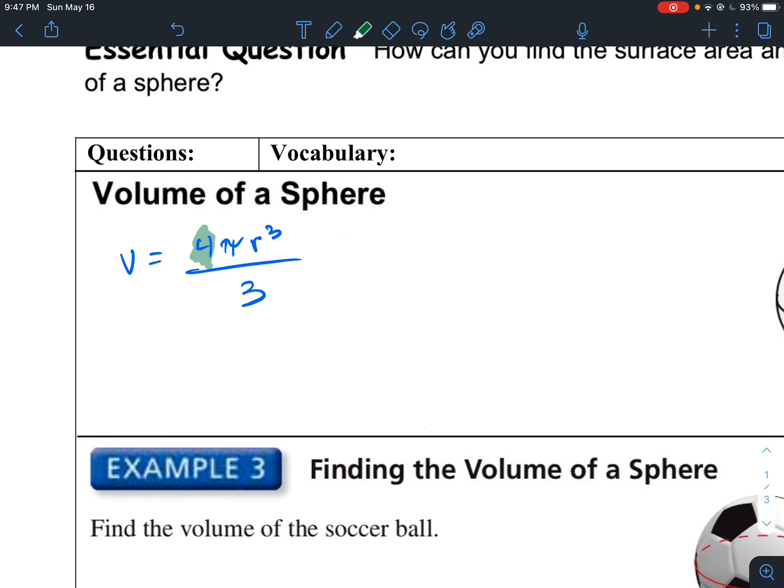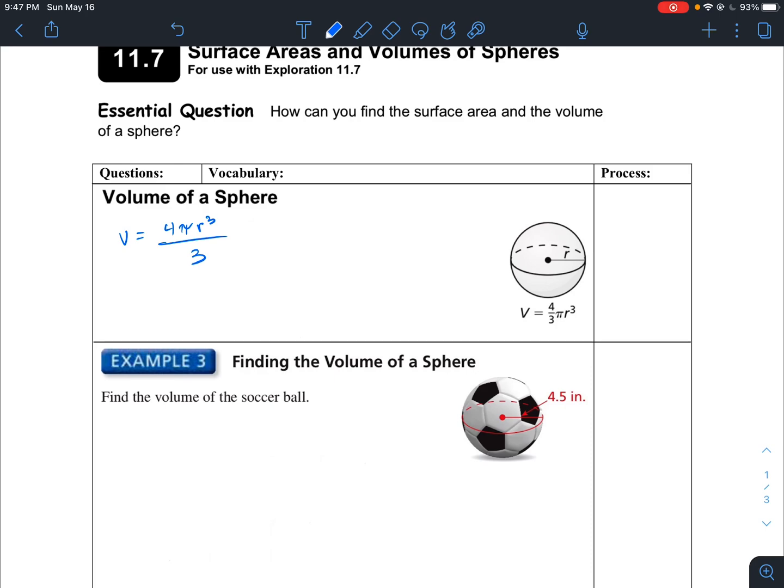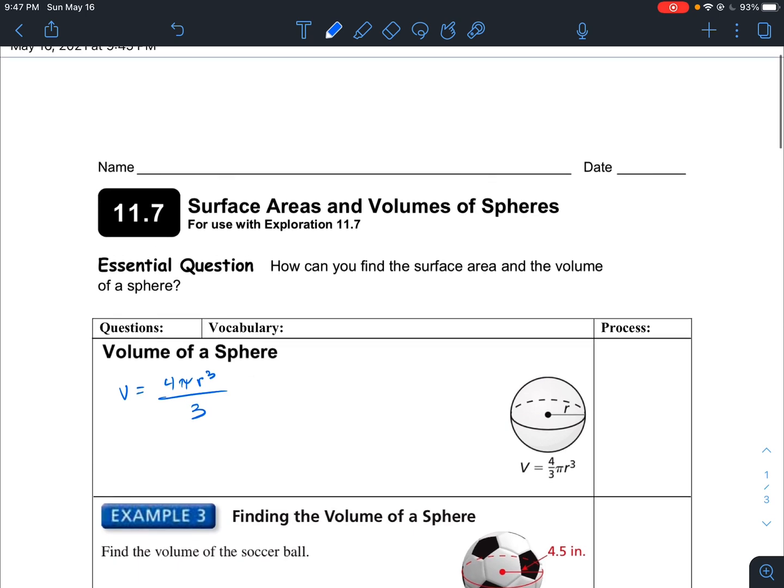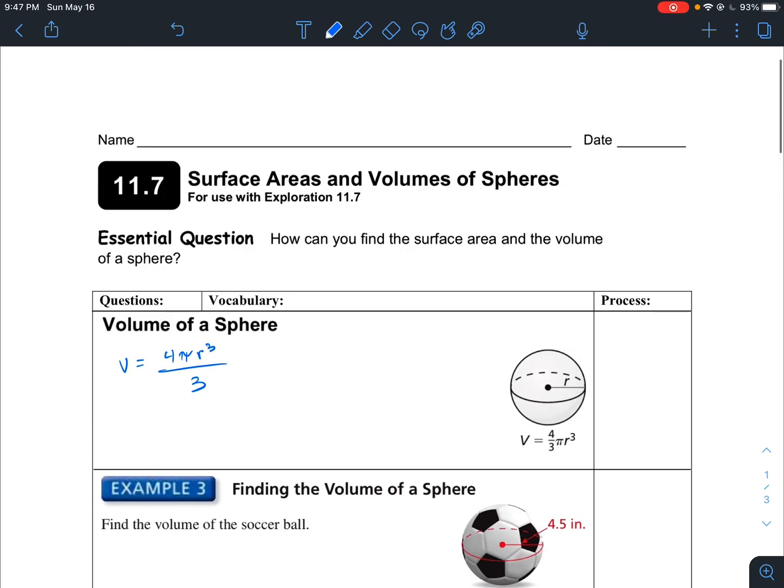So basically, we're taking pi r cubed and multiplying it by 4/3. Okay, but yeah, this is the volume of a sphere, and so that's all we're going to be doing for chapter 11, or 11.7, is using this formula to find volume of spheres.